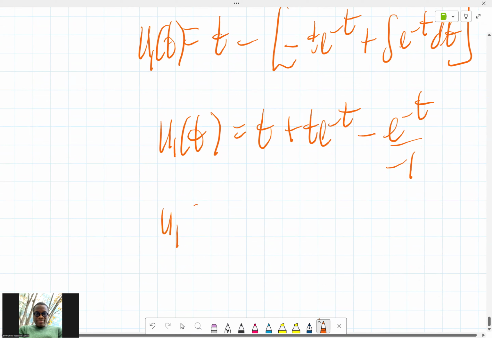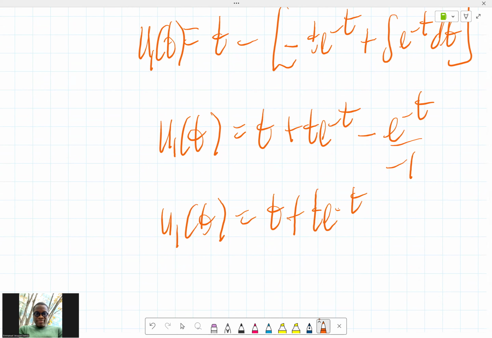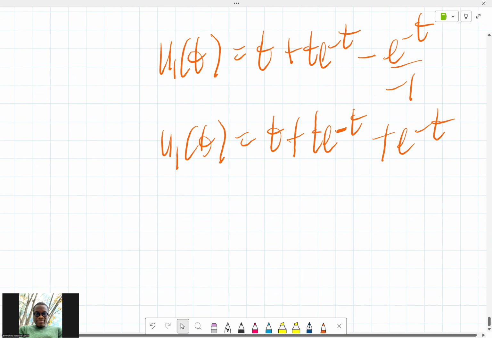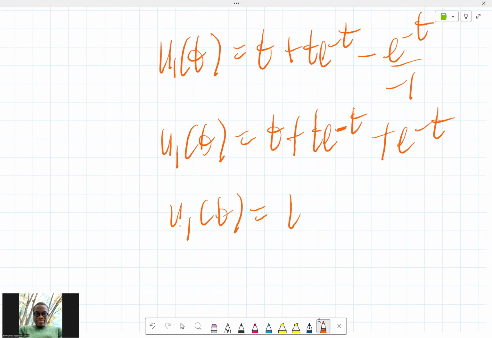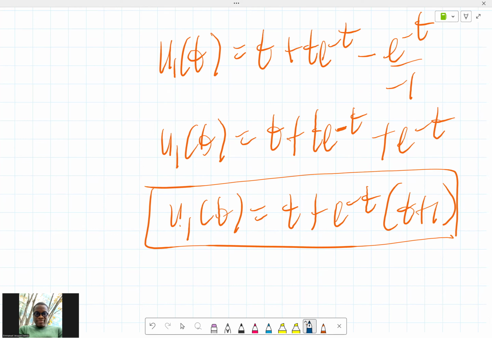So u1 of t is equal to t plus t e raised power minus t plus e raised power minus t, basically. So that means u1 of t is equal to t plus e raised power minus t times t plus 1. That's u1 of t done and dusted.